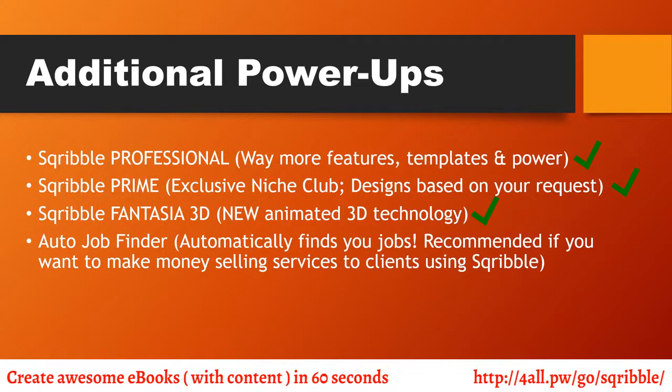If you're good at making banners for people, you could type in banners, or write content for people, or customer service, or even Facebook ad service, or whatever kind of skill that you have. You can use Auto Job Finder to actually find clients to bid on their posts. So that was a really unique creative tool. Okay, so I recommend that if you're looking to use Sqribble to make money.